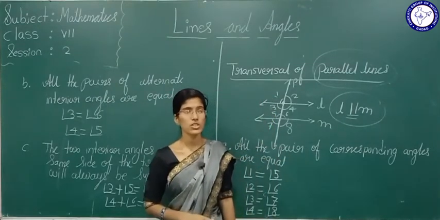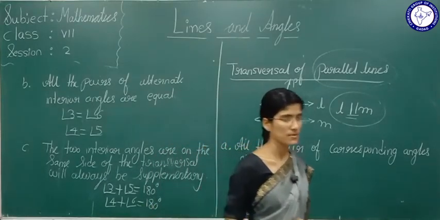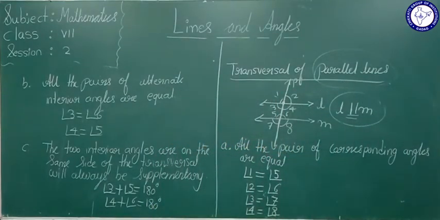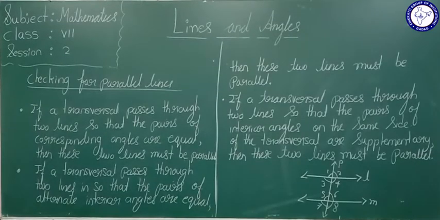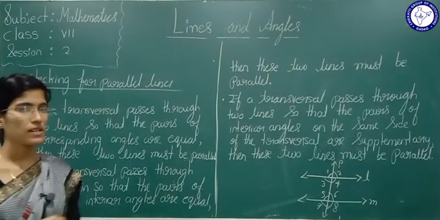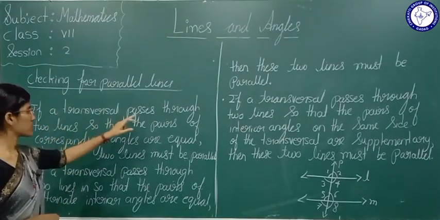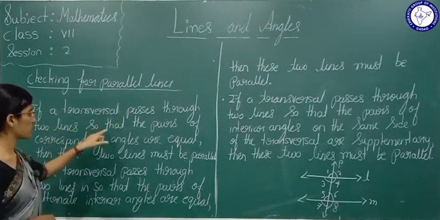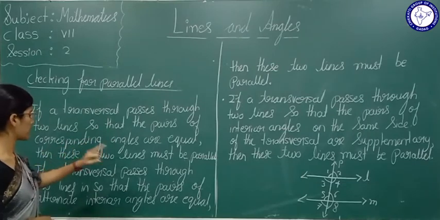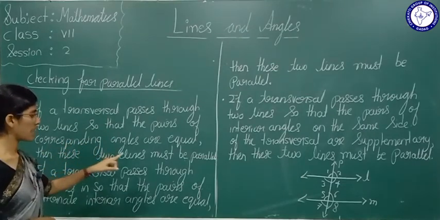Next we see checking for parallel lines. Now see here, checking for parallel lines. If a transversal passes through two lines so that the pair of corresponding angles are equal, then these two lines must be parallel.